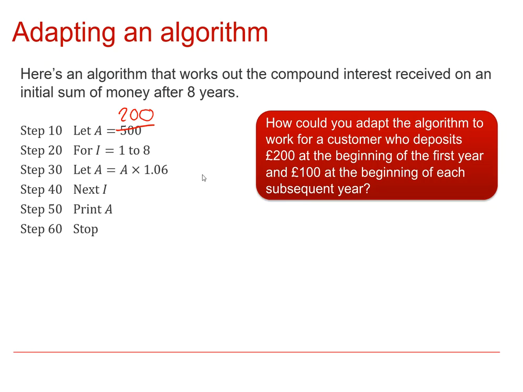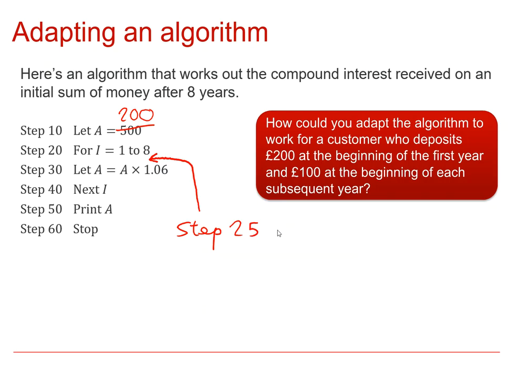So if something's happening at the start, it probably makes sense if we can to insert the extra line here at what is the start of the year. So that's what we're going to do. Now if it comes between step 20 and step 30, it probably makes sense to call this step 25. Alright, now that's the advantage of using these multiples of 10. If you were wondering about that, it makes it easier to insert lines.